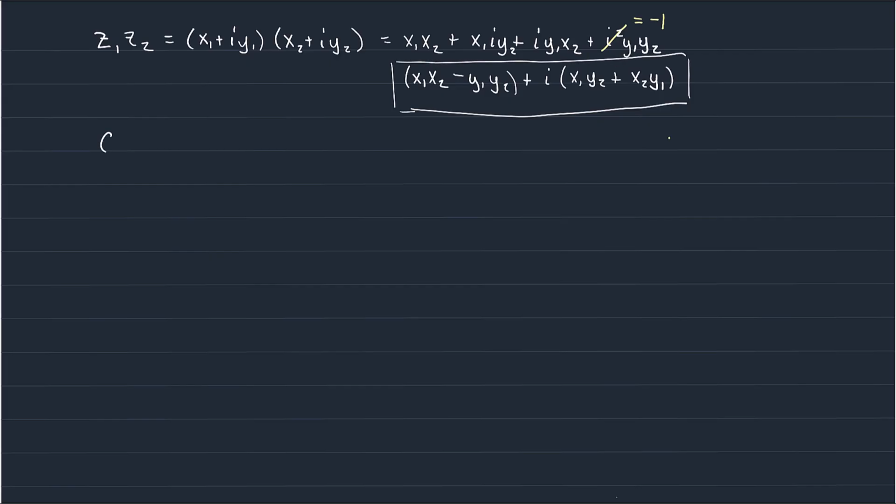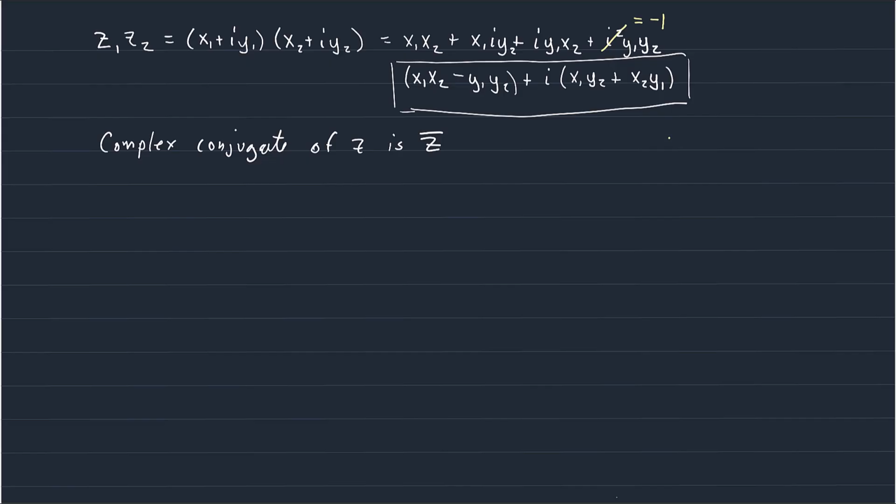Now I'd like to define the complex conjugate. The complex conjugate of z is denoted z with a bar, and it's the same as z, but with the imaginary part multiplied by -1.